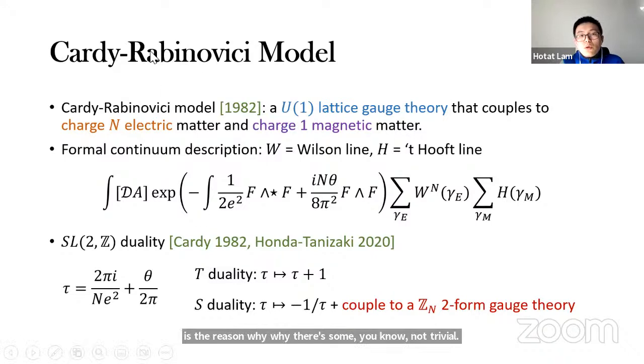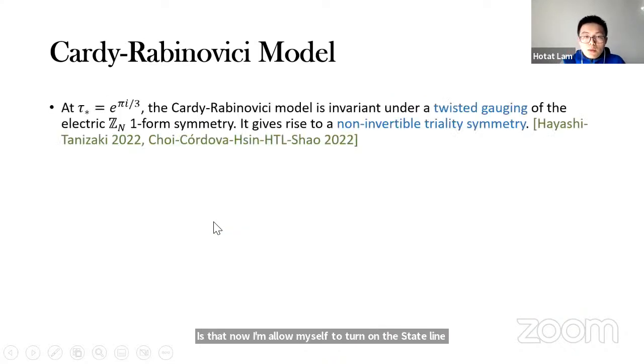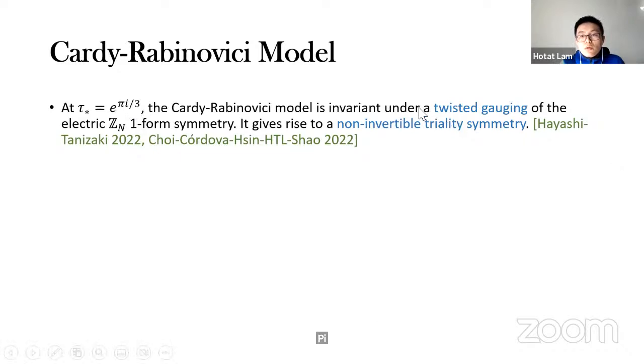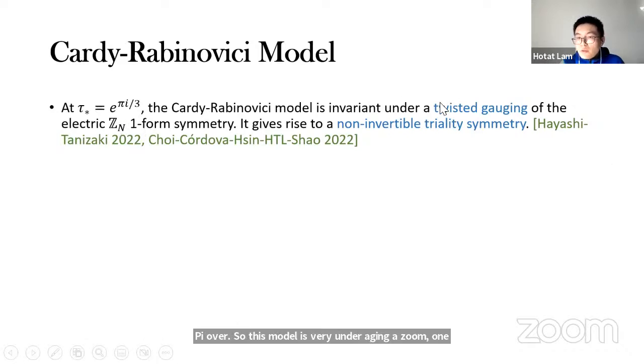Okay, so the reason why I want to talk about the Cardy-Rabinovici model instead of a ZN lattice gauge theory is that now I'm allowing myself to turn on the theta angles. So now, when I turn on theta angles, then I can go to a complexified coupling, which is given by e to the power pi i over 3. So this model is invariant under gauging a ZN one-form symmetry, but it's invariant under a twisted gauging of a ZN one-form symmetry rather than an ordinary gauging.